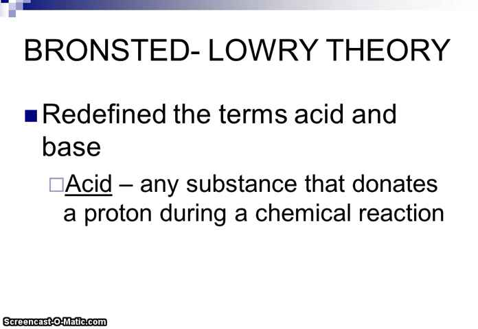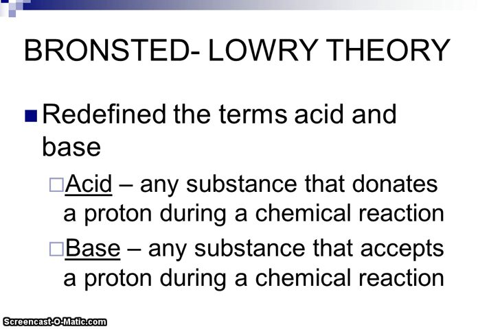And that's very similar to the Arrhenius definition that says that it's a substance that has hydrogen ions. Here, though, we're saying that it's a substance that donates that hydrogen ion. Bases are substances that accept hydrogen ions or accept protons during chemical reactions. So they don't necessarily have to have hydroxide in their formula.